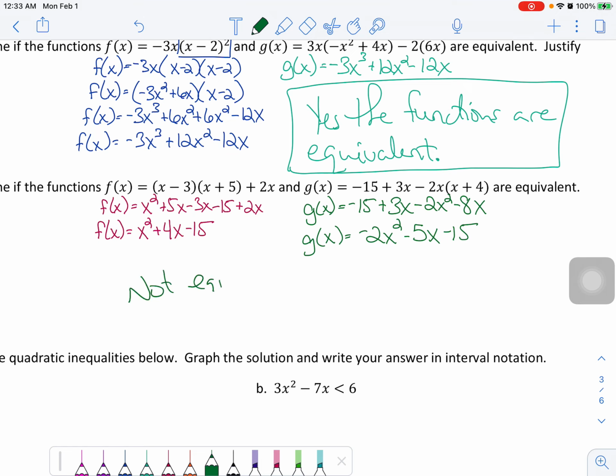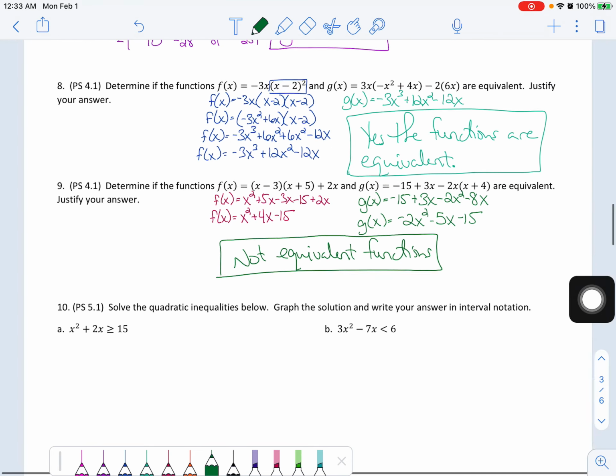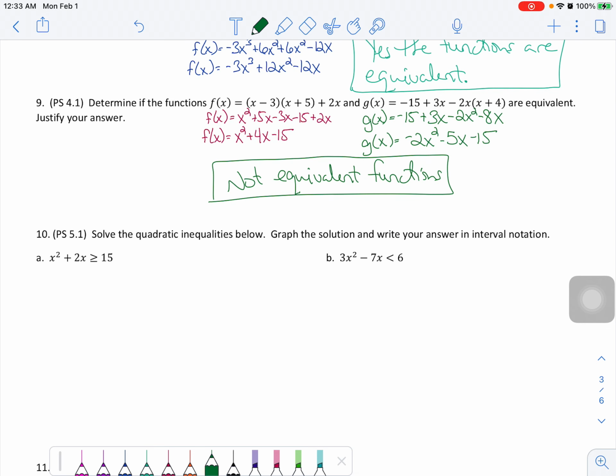Not equivalent. Hold on one second. I'm losing letters here. There we go. Not equivalent functions. And again, your work is already shown, so you don't have to explain anything else about why they're not equivalent or are equivalent.